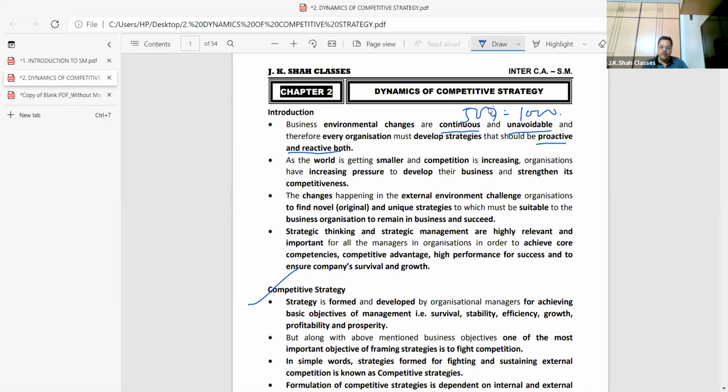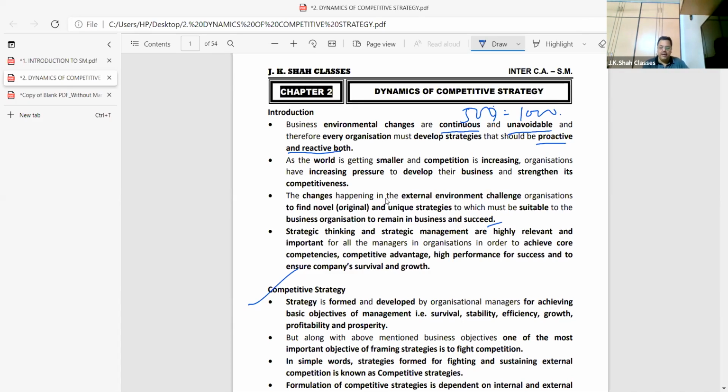Organizations have increasing pressure to develop the business and strengthen its competitiveness. I said local, regional, so they have to develop the business and strengthen its competitiveness. The changes happening in the external environment challenge organizations to find original, unique strategies which must be suitable to the business organization to remain in business and succeed.